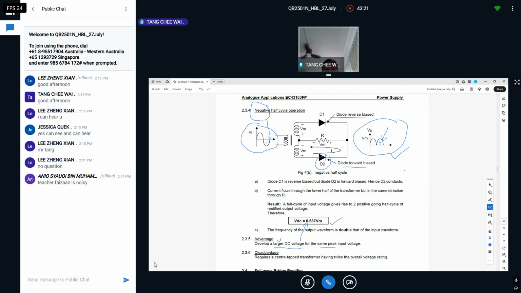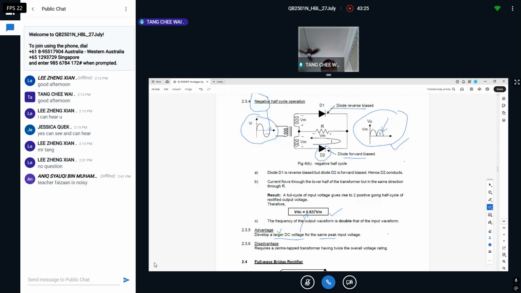And then there's a disadvantage also mentioned here. They require a center tap transformer. Now a center tap transformer, I think some of you may know, is quite a bulky component, very hard to make small. This is the so-called disadvantage.